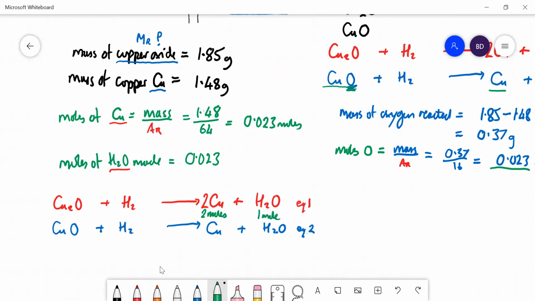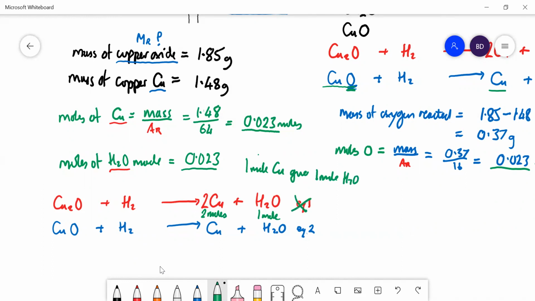Now that's not what's happening there, because look, 0.023 moles of copper gives us 0.023 moles of water. So 1 mole of copper gives 1 mole of water. So it's not that equation, that's wrong.